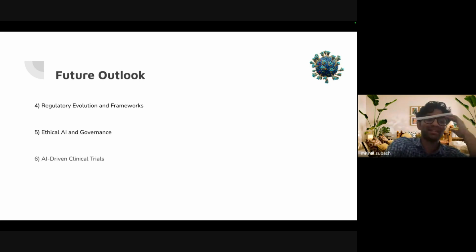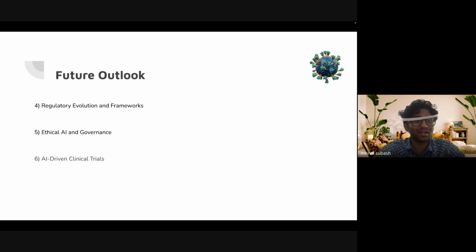And another thing is ethical AI and governance. As the use of AI in drug repurposing becomes more widespread, there will be an increased focus on ethical AI practices. The more we rely on AI, the more we need to regulate, and we need a regulatory board that governs across this, right?